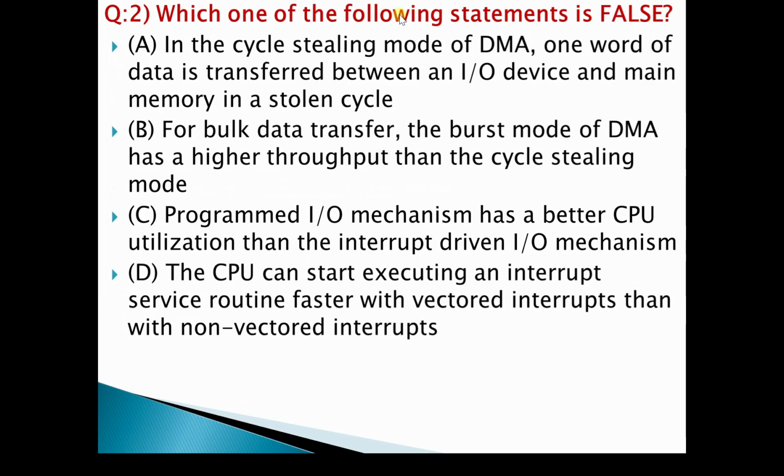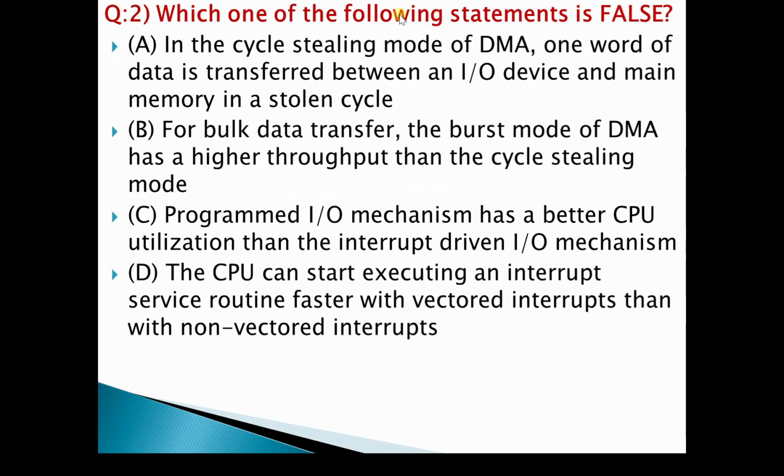Then only the CPU will transfer the data. Till that interrupt is received, the CPU can handle all other tasks. But in programmed input-output mechanism, the CPU has to check and transfer every time.